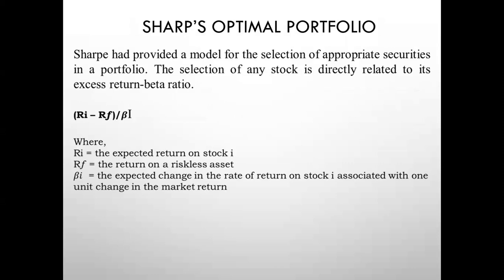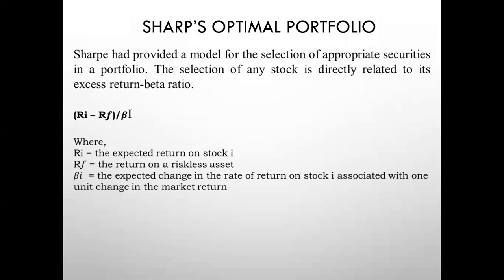Then Sharpe's optimal portfolio. Sharpe provided a model for the selection of appropriate stocks in the portfolio. The selection of any stock is directly related to its excess return to beta ratio. Here he has given Ri minus Rf by beta.